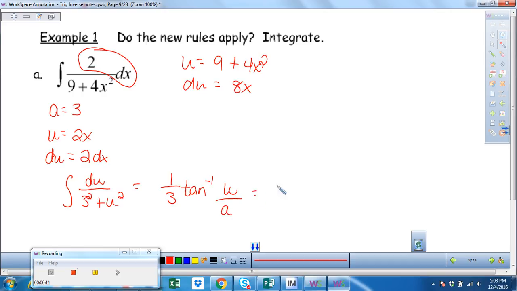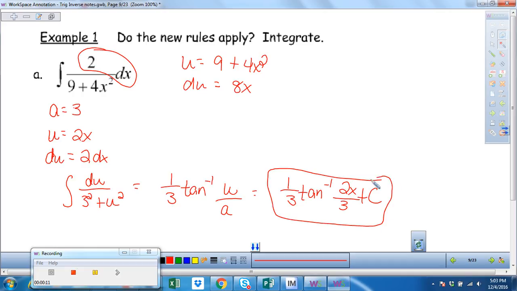And of course, I'm not going to leave it like that. That's 1/3 the tangent inverse of u, which is 2x, over a, which is 3, plus C. Okay? It's a matter of just recognizing what formula you can use.